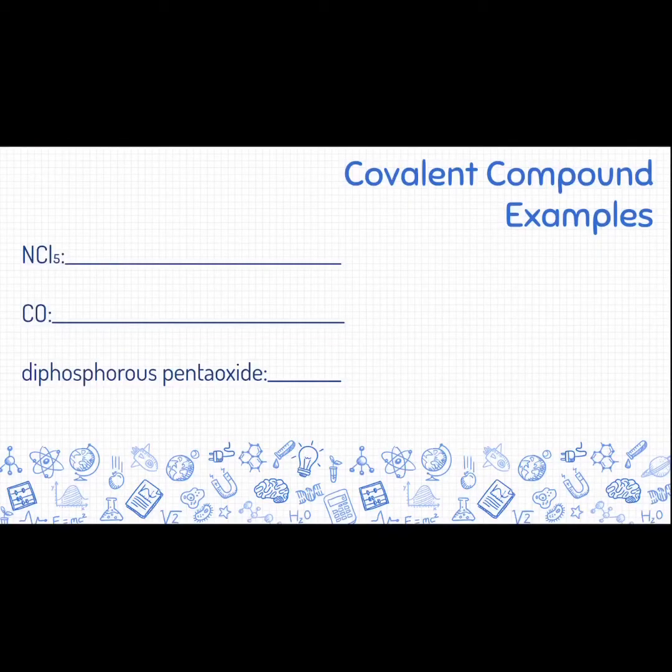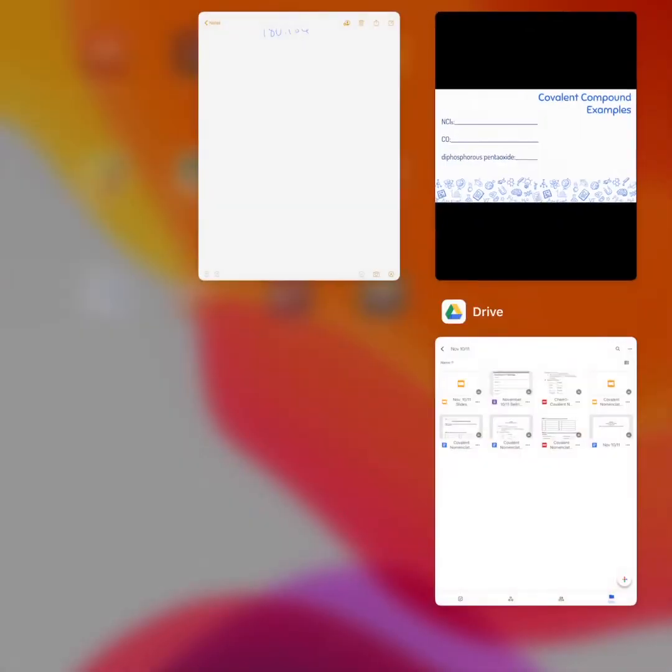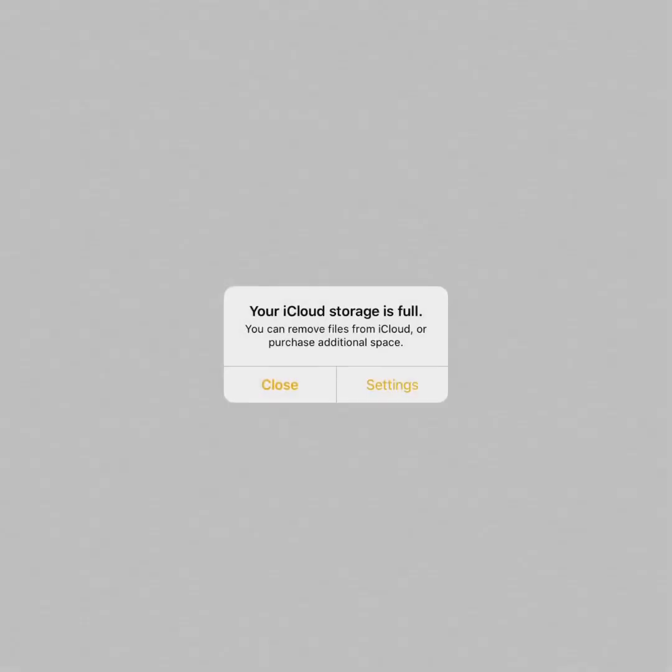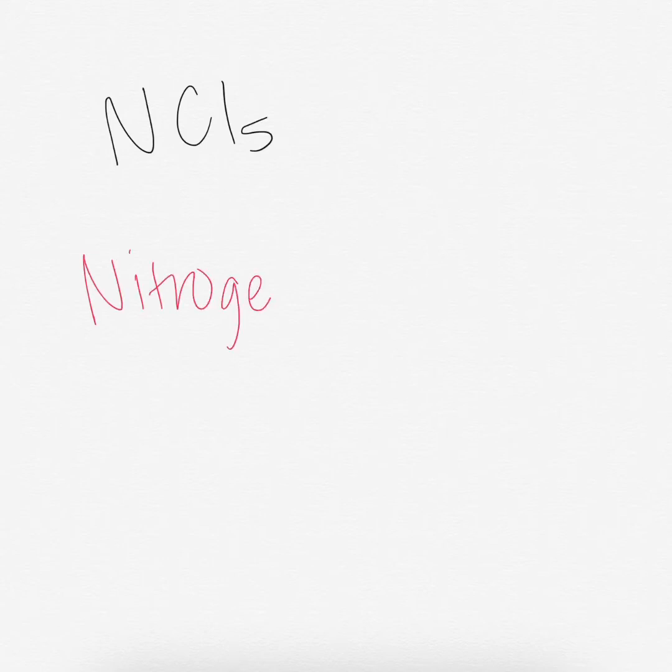So let's look at some examples. I have NCl5. So the first thing I need to do is just name my first element. It's nitrogen. Even though I only have one, I don't have to say mono on that one.